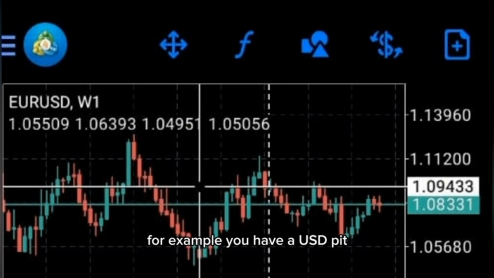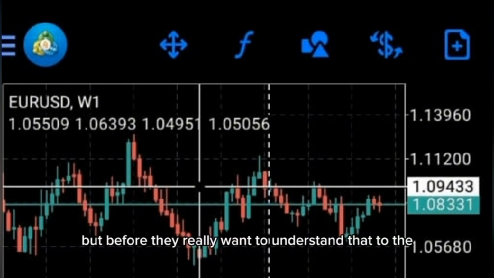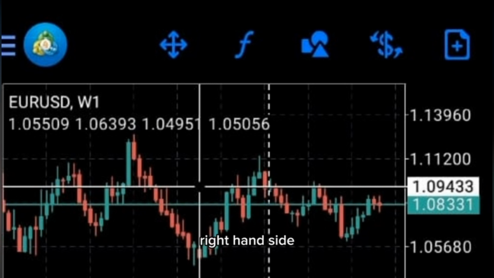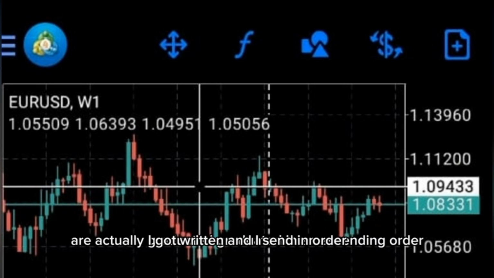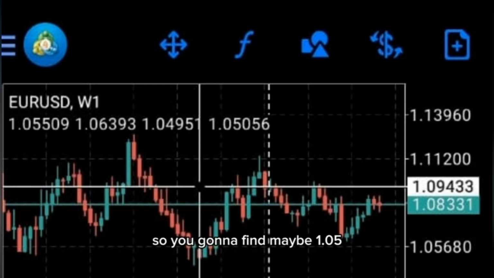Now, for example, you have a Euro USD pair, but before then, you really want to understand that those figures that you see to the right hand side are graduated in an ascending order. So you're gonna find maybe 1.05, 1.06, 1.07, 1.08, just like that.